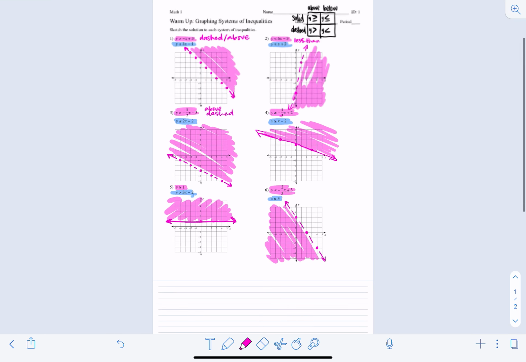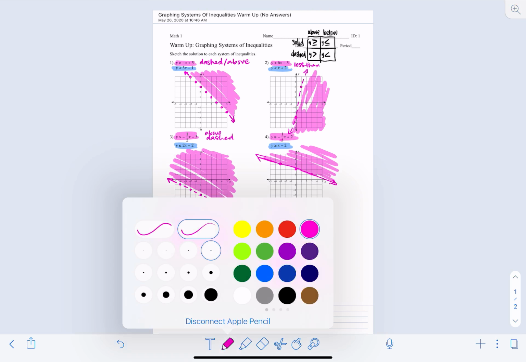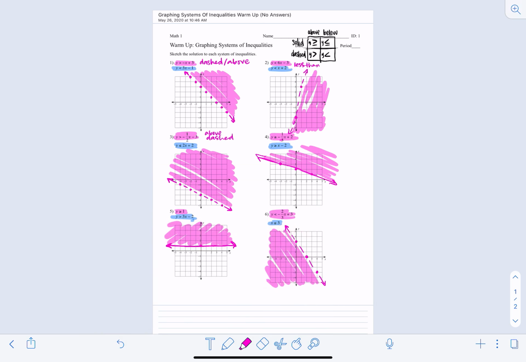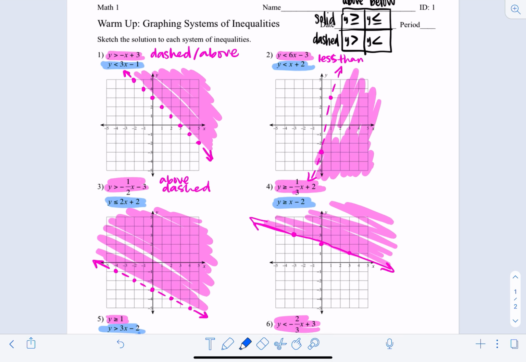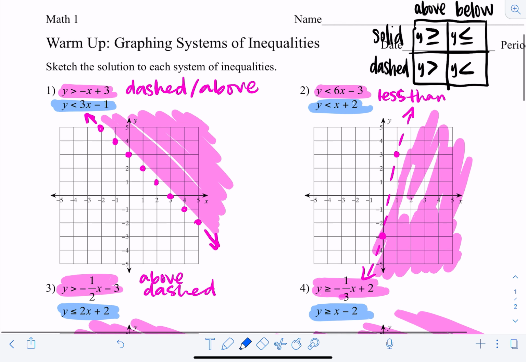Right now on this paper, I've graphed all 6 pink lines, which is half of every problem, because there's also blue lines to graph. So what happens when we graph those on top of these together? Well, if we start with the first one and we've got less than, we can use our symbols to know we're going to shade below.